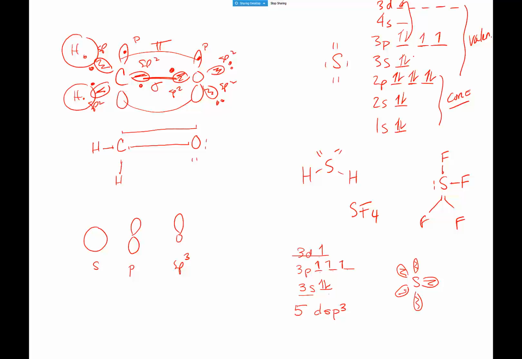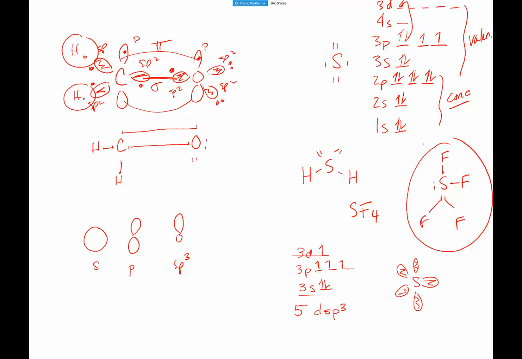I only deal with electron pair geometry, so when we're talking about different geometries, when I say that this sulfur, so let's put the electrons in the sulfur. Okay, so here's my structure.